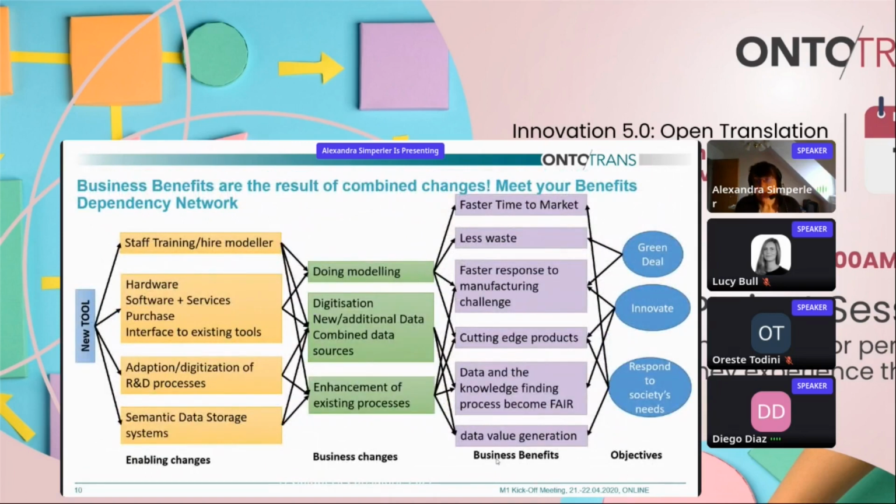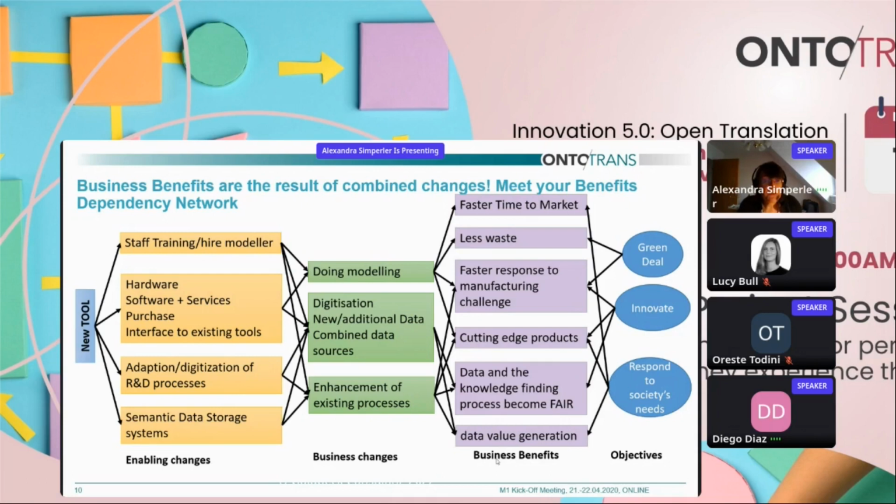Please meet your benefits dependency network. Everything is a result of combined changes. So go back to the orange bit. I bring the new tool, which is OntoTrans. Okay. So then the enabling changes you need to give me is: train your staff, or let me train your staff. Hire a modeler. Does your hardware fit?